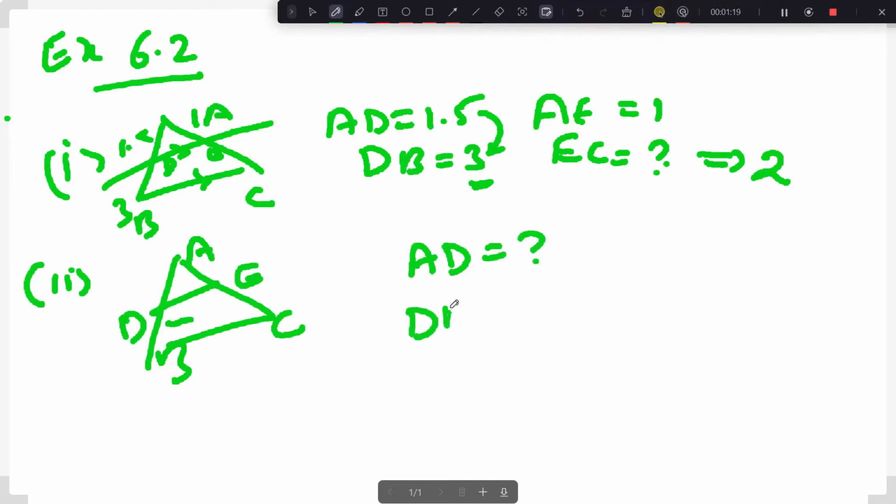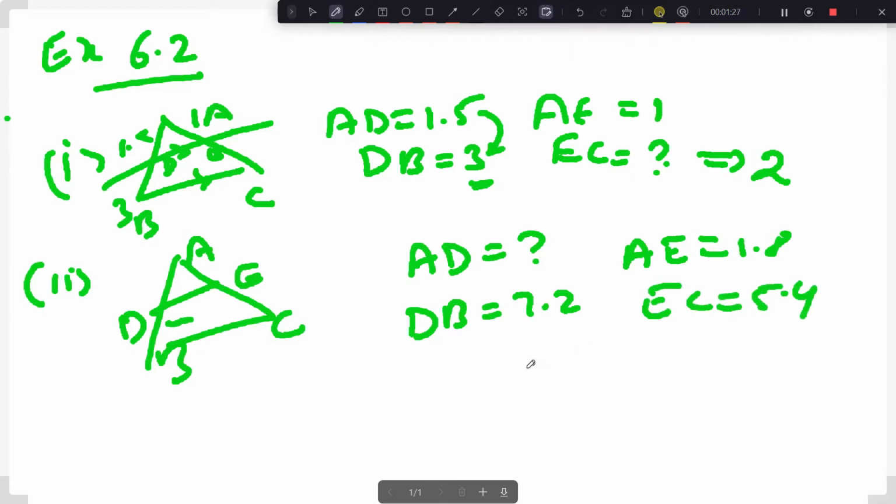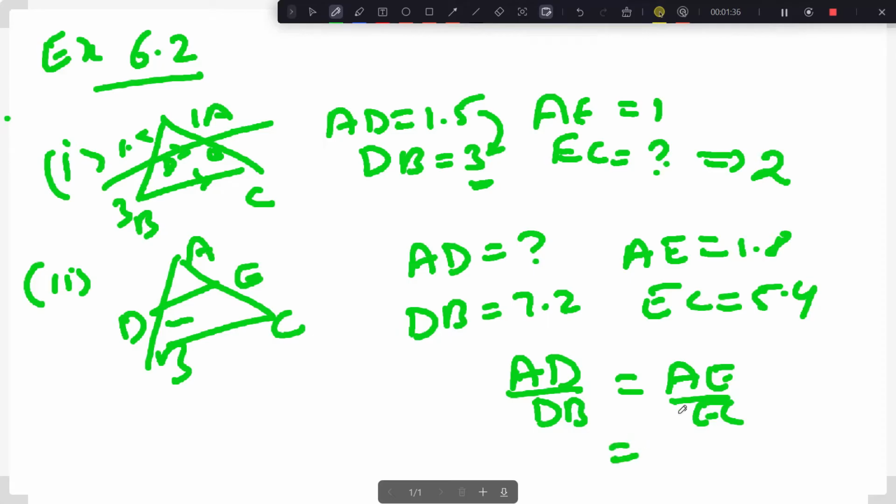We know DB is 7.2, we know AE is 1.8, and we know EC is 5.4. So if it is parallel, how are we arriving at this? If it is parallel, then AD by DB is equal to AE by EC. So what is AD? AE by EC, which is 1.8 divided by 5.4, into DB, which is 7.2. Right? So what is the answer? 2.4.